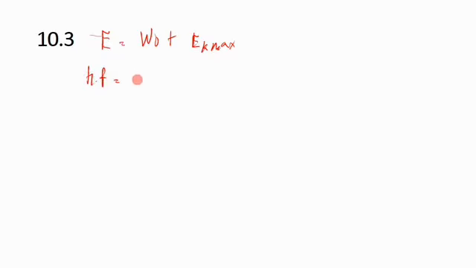Then we have our work function here, which will be hf0. Remember, we are not given the work function, but we are given the threshold frequency, then plus EK max, right? So what are we looking for here? We are looking for this f there.